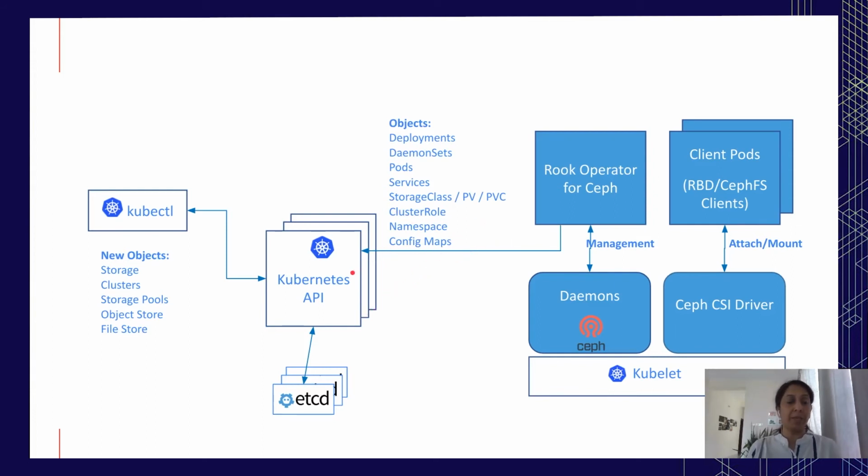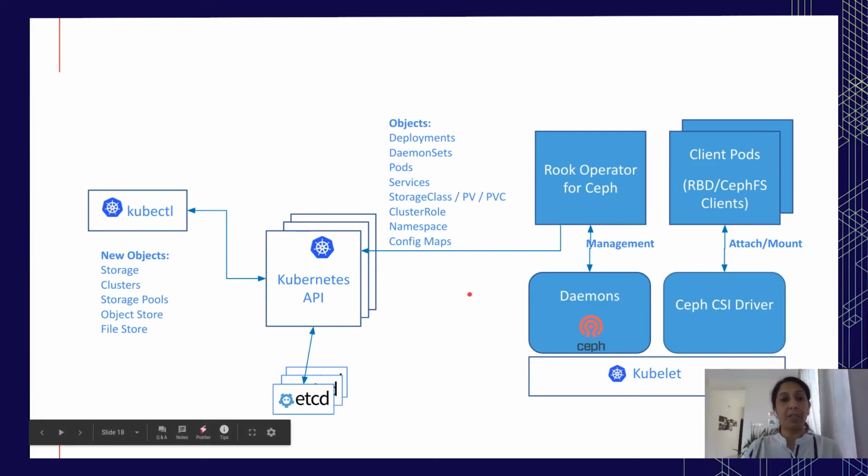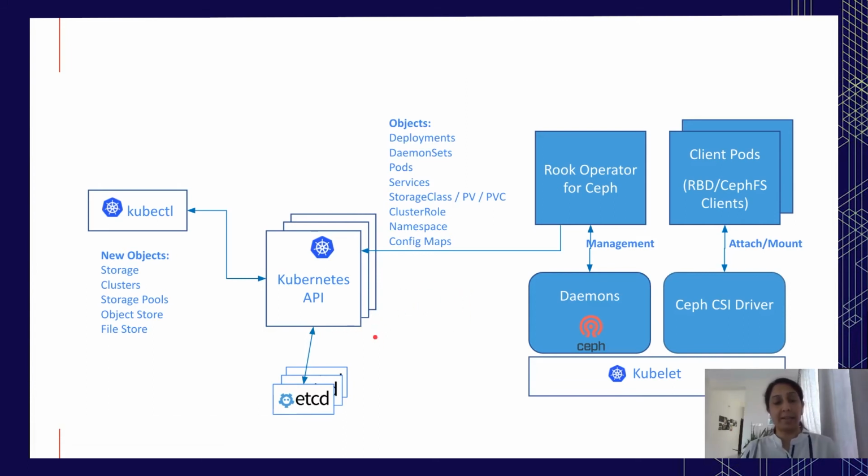It uses the Kubernetes API and creates a custom resource definition that is available to define the storage cluster for Ceph. Once Rook deploys the cluster, it then monitors all of the daemons and reconciles the current state to the desired state that the user has asked for.